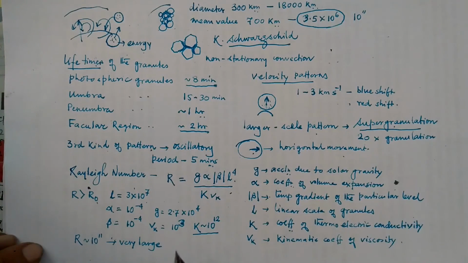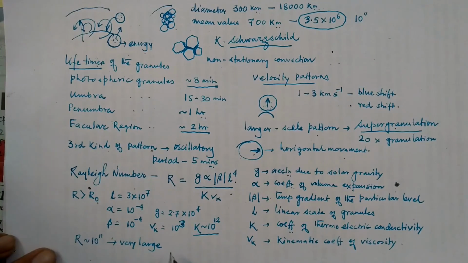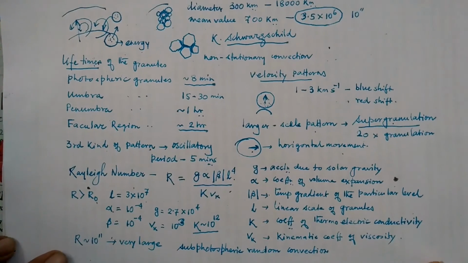Okay, so we term it as the sub-photospheric random convection motion.